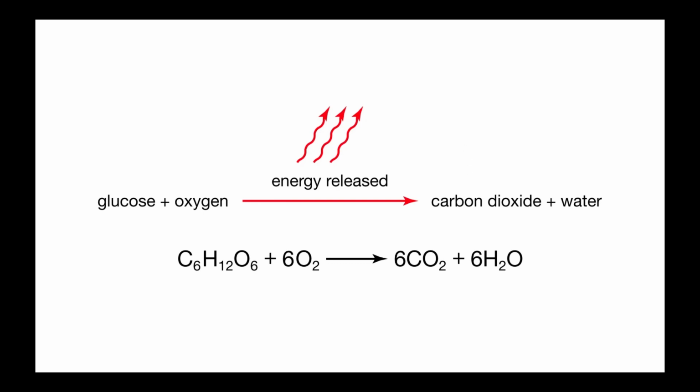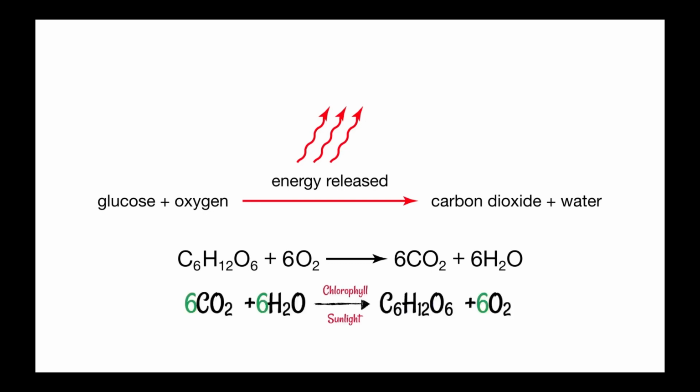As you may have noticed, the equations for photosynthesis and cellular respiration are opposites. This is because photosynthesis stores energy in glucose, while cellular respiration releases the energy from glucose.